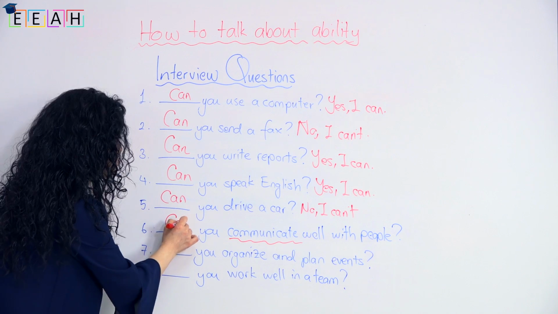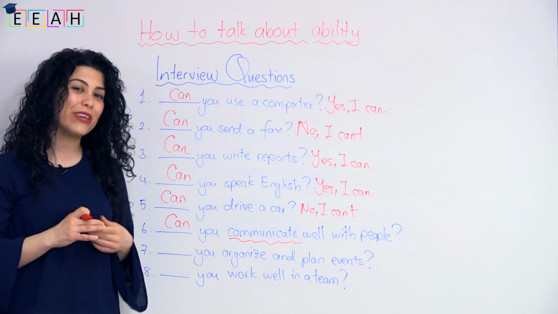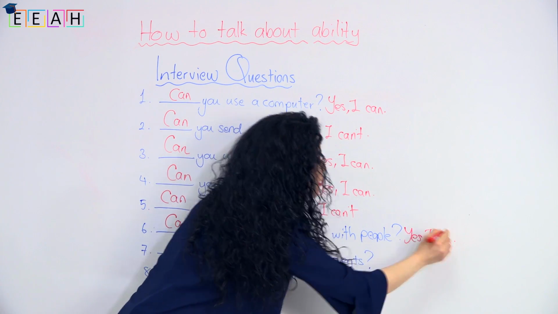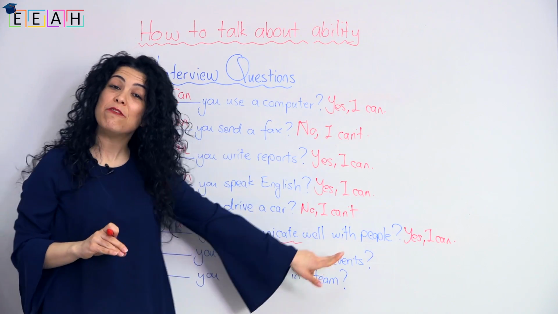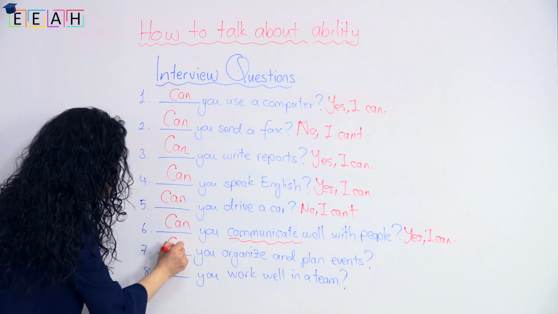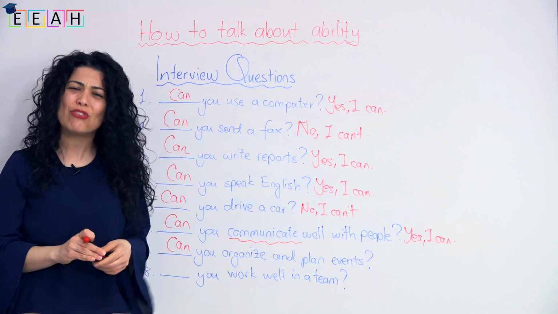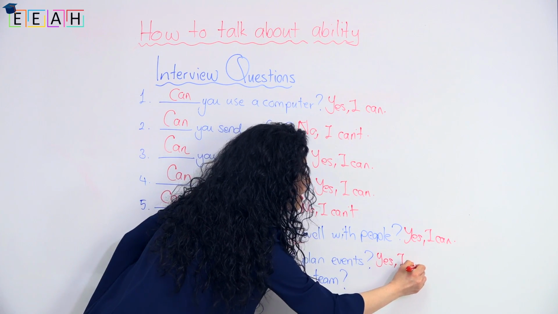So, can you communicate well with people? Yes, I can. Hopefully you can too. Next one, can you organize and plan events, meetings? Let's say, I can. I'm quite good at it. Hopefully you too.